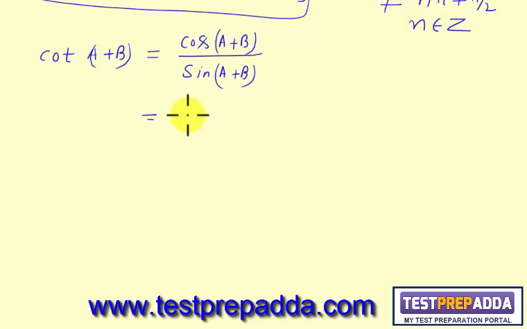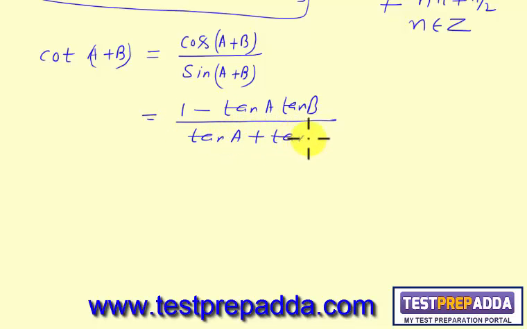So we will get the result 1 minus tan A tan B upon tan A plus tan B. Now if tan A is written as 1 upon cot A, and tan B as 1 upon cot B, here also tan A as 1 upon cot A, tan B as 1 upon cot B, then what will happen?